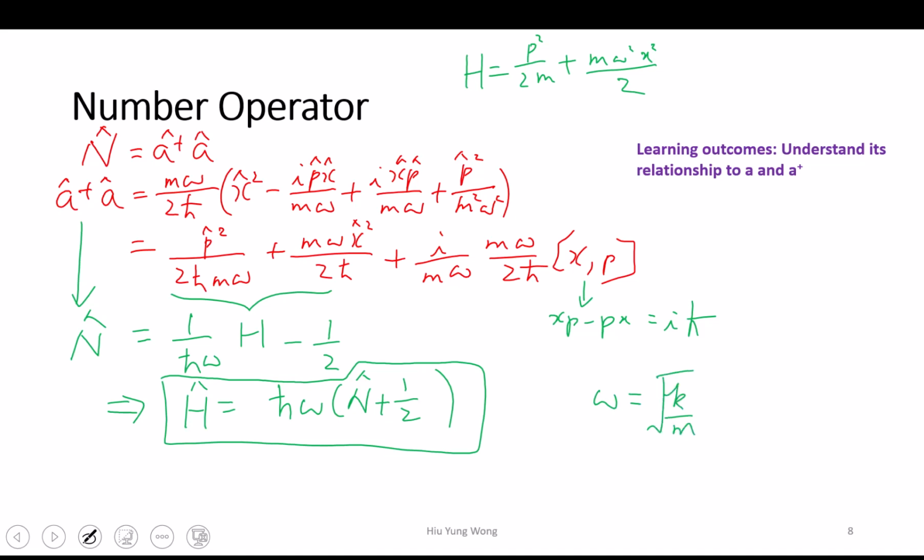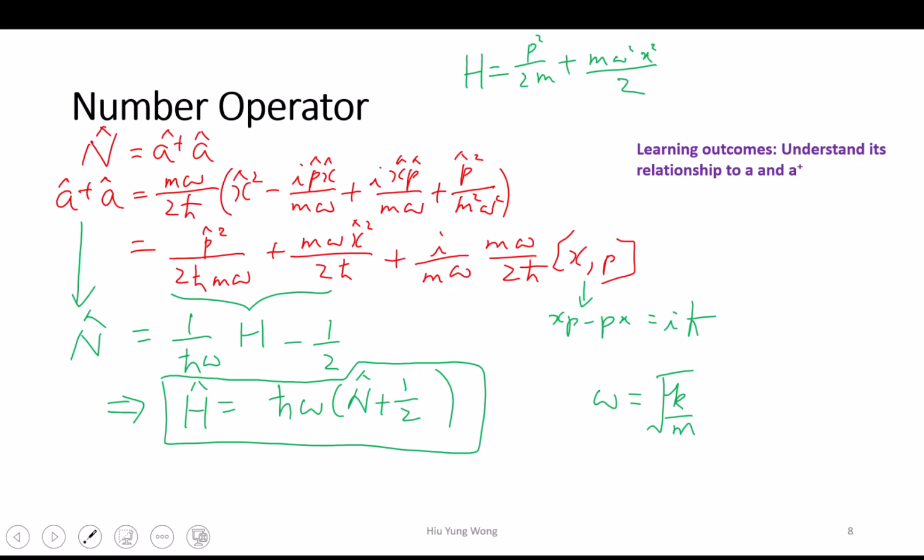This is the resonance frequency of your simple harmonic oscillator. It's a characteristic frequency of your system. And basically, from here you see that the total energy is h bar omega, which is the energy quantum, times some integer plus half. So naturally you think the system's energy is how many energy quanta you have times h bar omega. Right?